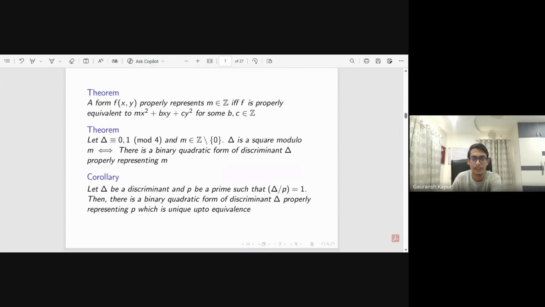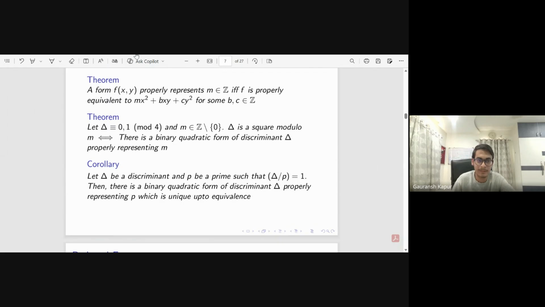So now here are some theorems which talk about when certain numbers can be represented by quadratic forms. So the first theorem is as follows. A form f(x,y) properly represents an integer m if and only if f is properly equivalent to m x square plus b x y plus c y square for some integers b and c.